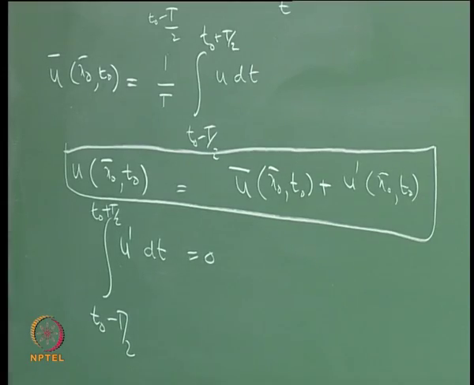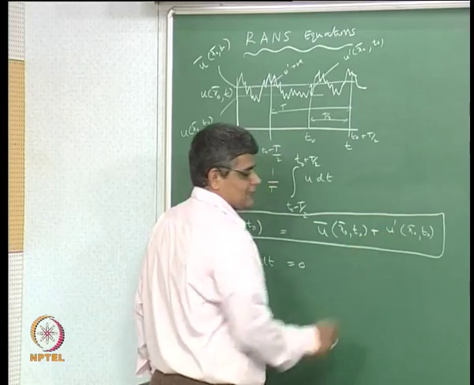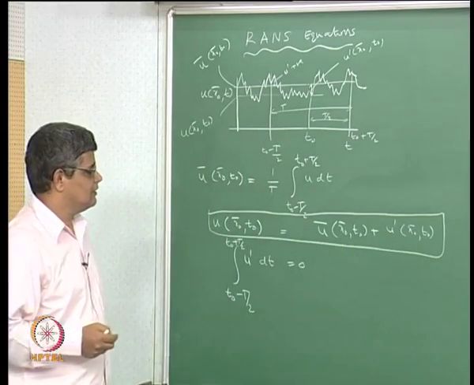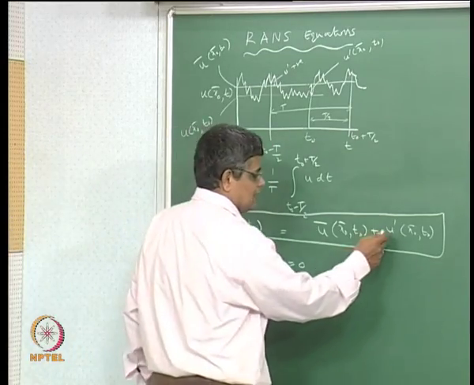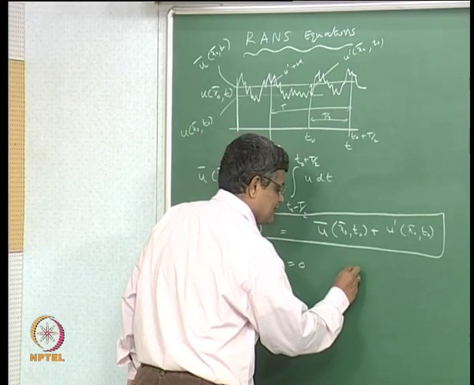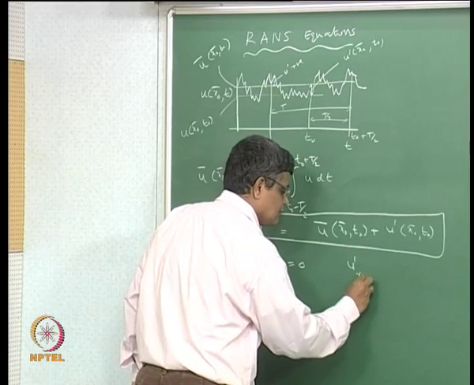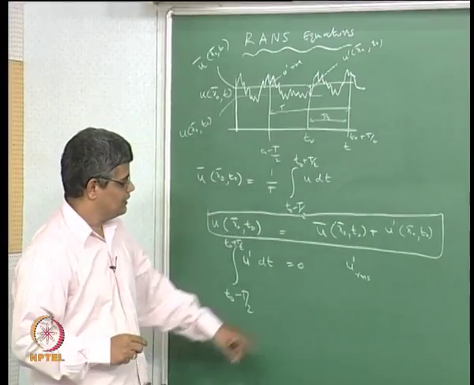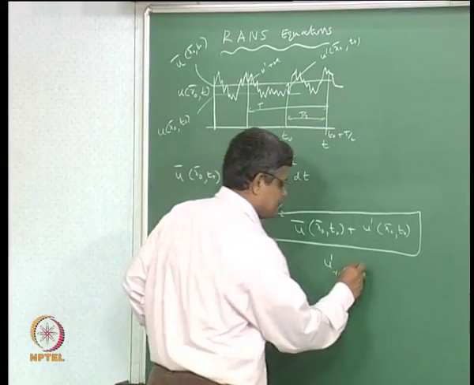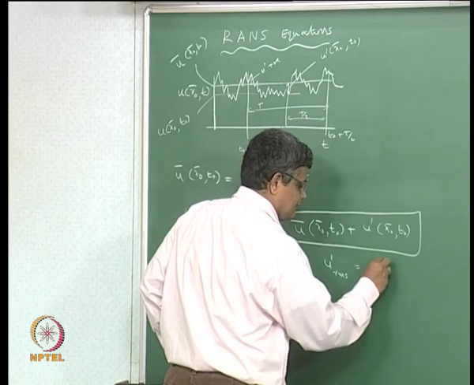Typically in turbulent flows this instantaneous velocity is not large, and one could represent a root mean square quantity, that is u prime square.